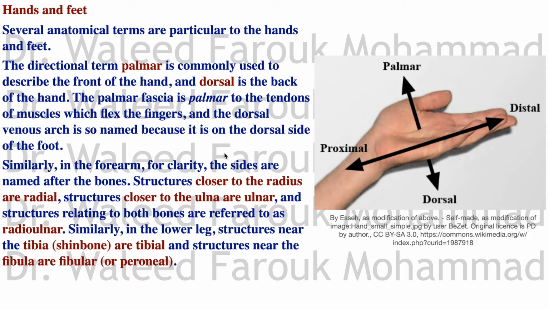Dorsal means closer to the dorsum of the hand, like the dorsal venous arch, for example, which is on the dorsum of the hand. Sometimes we use the terms radial and ulnar. Radial means closer to the radius bone, and ulnar means closer to the ulnar bone. The same applies for tibial and fibular.